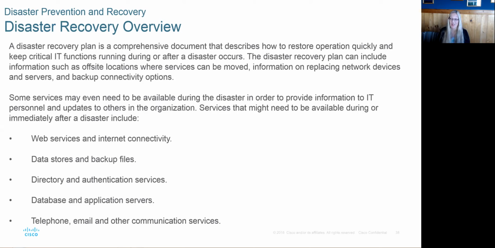So lots of different things, services might be available, might not be available. Something to think of is cloud resources. Your cloud resources are great if you're having some sort of disaster like the fires in Paradise.